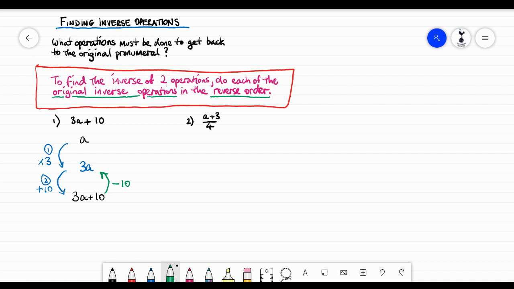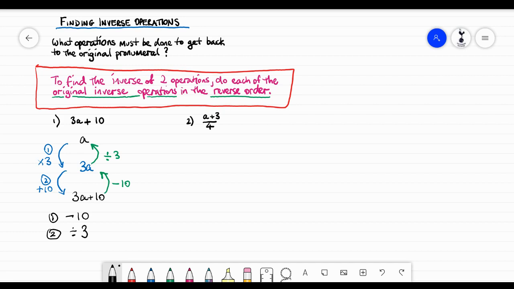And the next step we need to do is the inverse of multiplying by 3, which is dividing by 3. So the steps we needed to do to go back from 3a plus 10 back to a was firstly subtract 10, and secondly divide by 3.